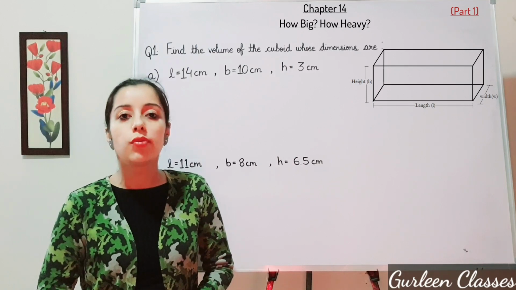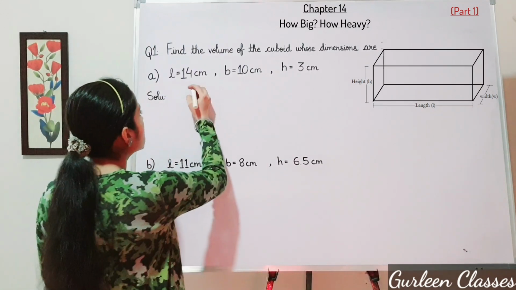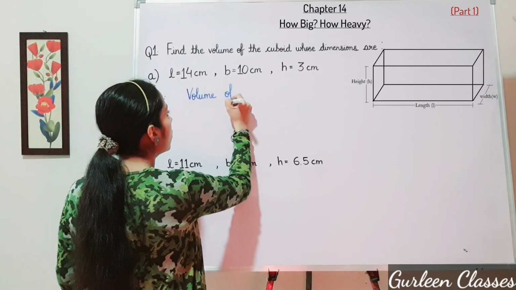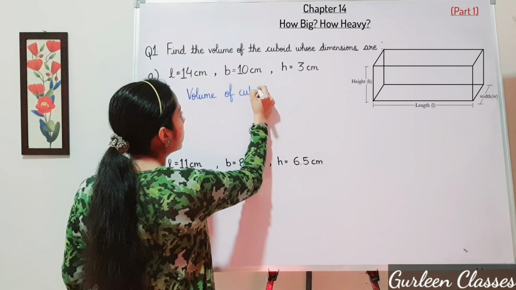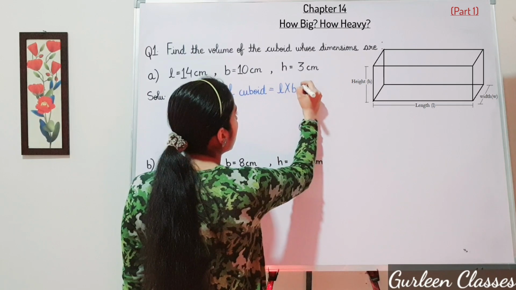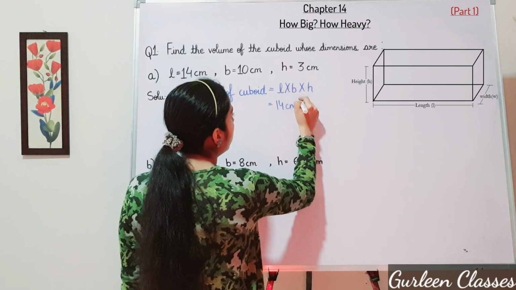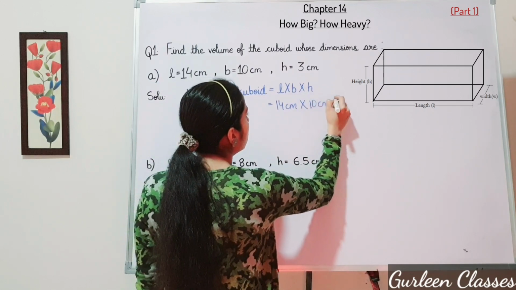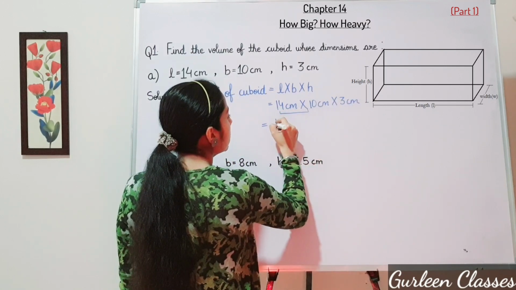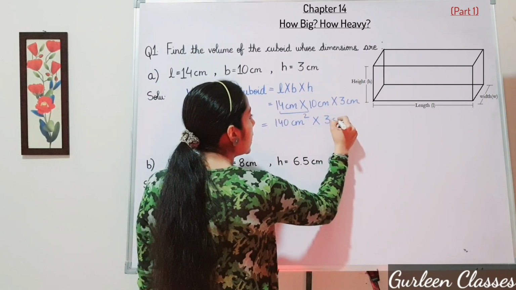So what is the formula for the volume of a cuboid? L into B into H. So let us multiply here. First write volume of cuboid is equal to L into B into H. L is 14 centimeter, breadth is 10 centimeter and height is 3 centimeter. 14 into 10 is 140 centimeter square, into 3 centimeter.